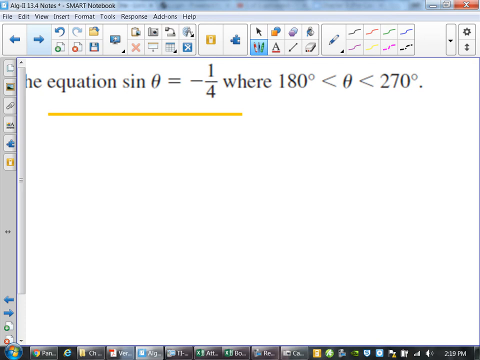This is the one part of this chapter where a calculator is kind of needed, and you've actually done this before. What this equation is asking: sine of theta equals negative 1/4, and they want you to move it to a different quadrant.